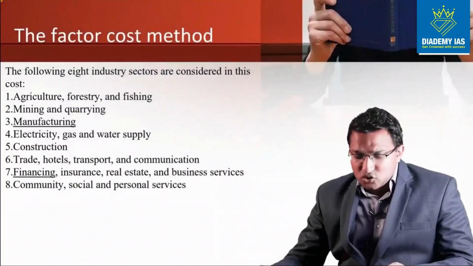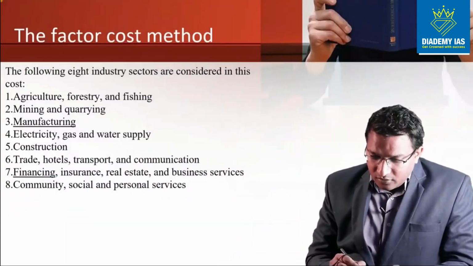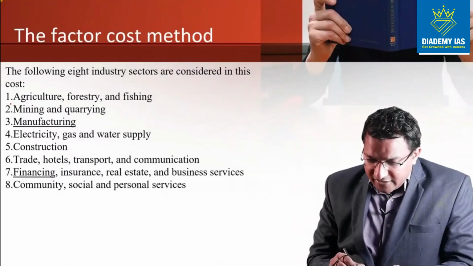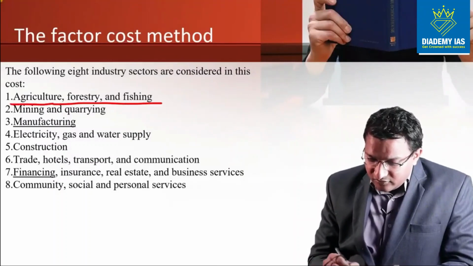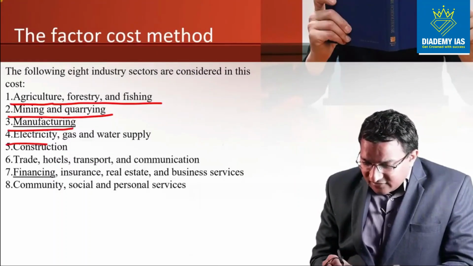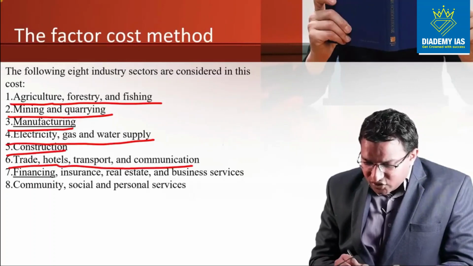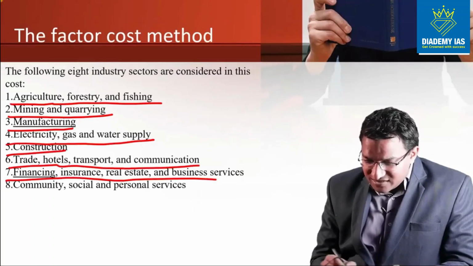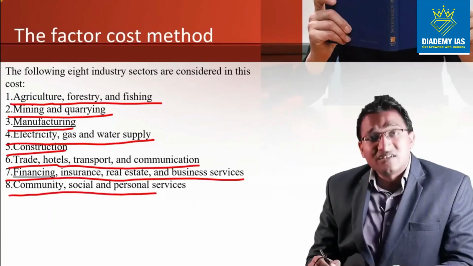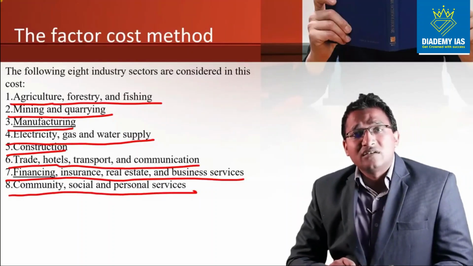Factor cost method considers 8 different industrial sectors: agriculture, forestry and fishery, mining and quarrying, manufacturing, electricity, gas and water supply, construction, trade, hotel, transport and communication, financing, insurance, real estate and business services, community, social and personal services. Friends, you are not supposed to remember all these names.